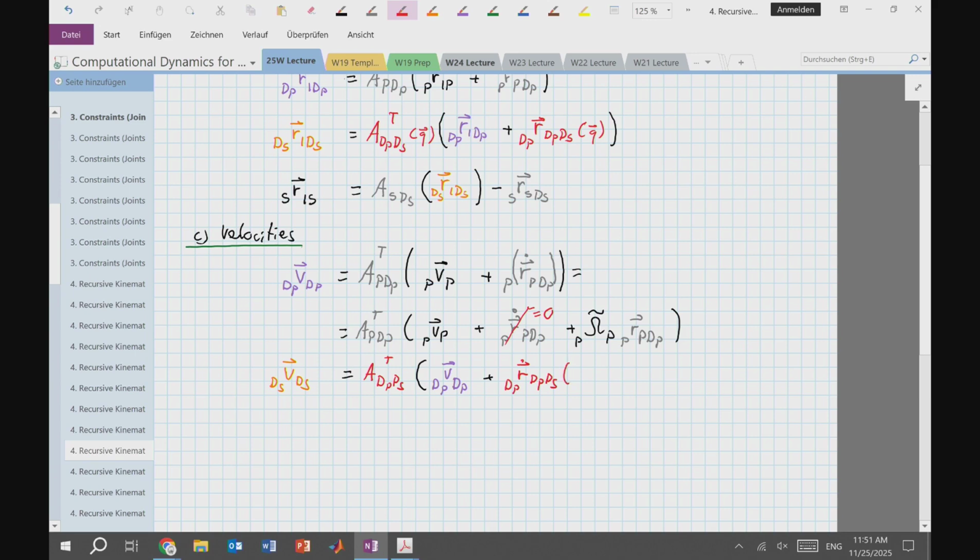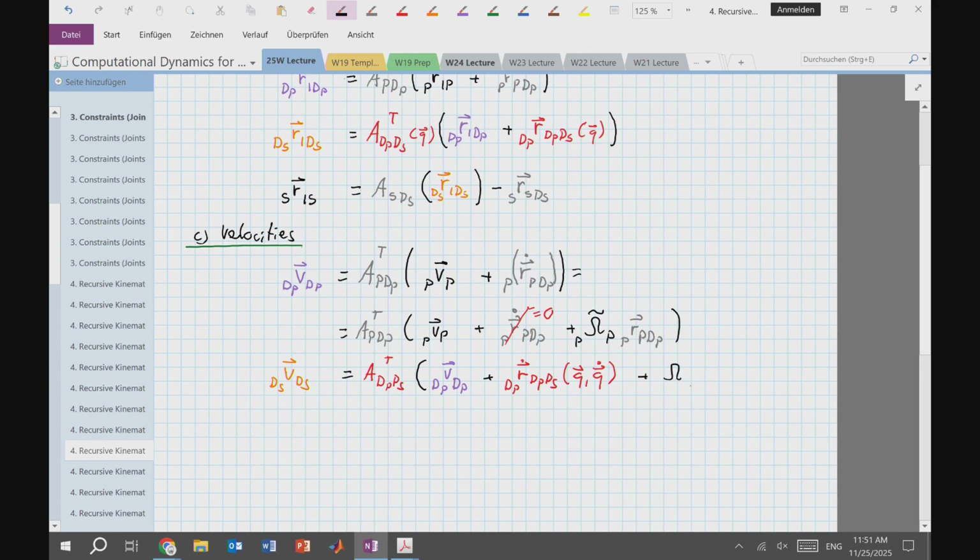And that one is now not constant, because the translation across a joint depends, of course, on the joint angle q, but the translational velocity that we have here depends on q and q dot. So if I have a translational joint that is moving, then it has some generalized velocity q dot, and that will lead to the fact that r dp ds is changing.